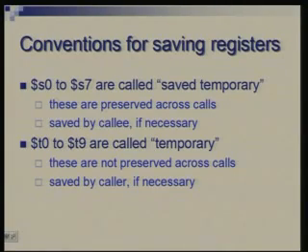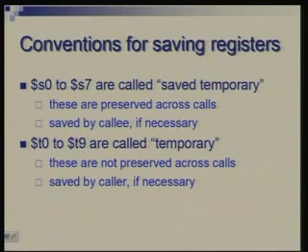The convention which is followed here in MIPS is that registers S0, S1, S2, etc., are called saved temporary registers. The caller can assume that it is safe to leave values in these registers, and everyone has to ensure that the values of these are preserved across calls. If everyone is complying with the convention, then you can assume that values will be retained.